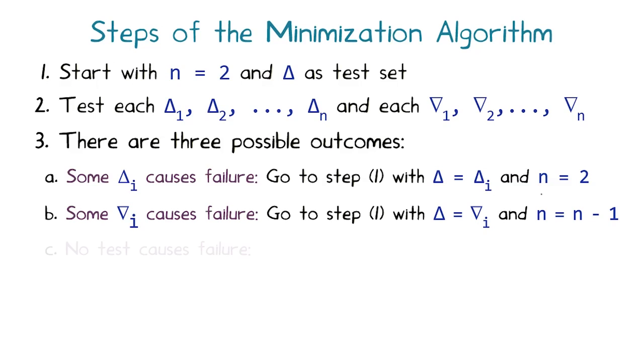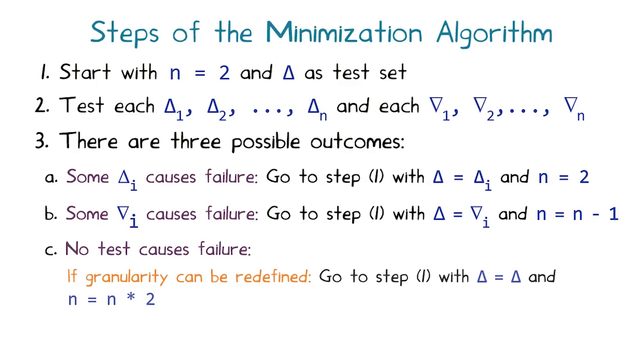If none of these test cases causes a failure, then we have two possibilities. If the granularity is not yet at its maximum, that is, n is less than the size of delta, then we return to step 1, leaving delta the same and doubling the granularity.